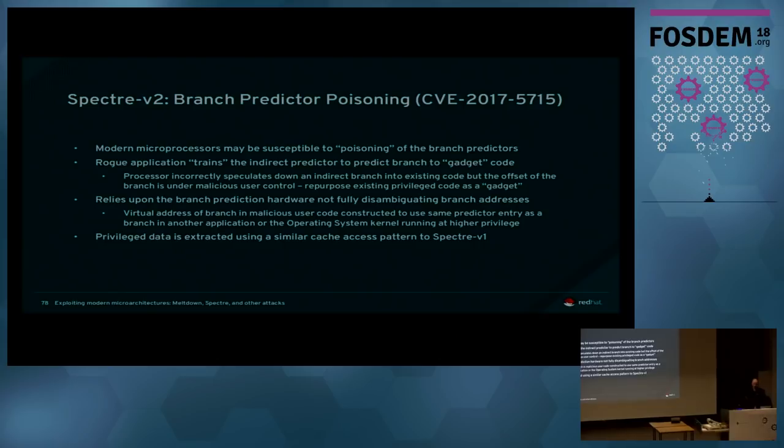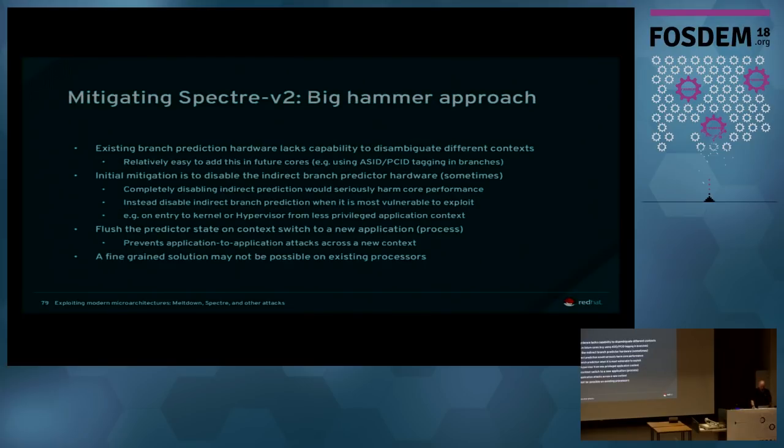So I can poison my branch predictor, in particular my indirect predictor, to guess that it's going to make a jump into some code that it in fact is not. It will then speculatively execute whatever gadget code I want. So now I've got control over where that gadget code is. That's much more interesting to me, because in a very large thing like the kernel, I'm probably going to find a particular instruction sequence that's interesting to me. I set up the environment, I train my predictor, and I can exploit it. I'll wrap quickly.